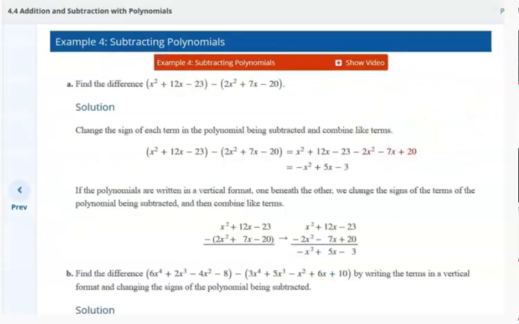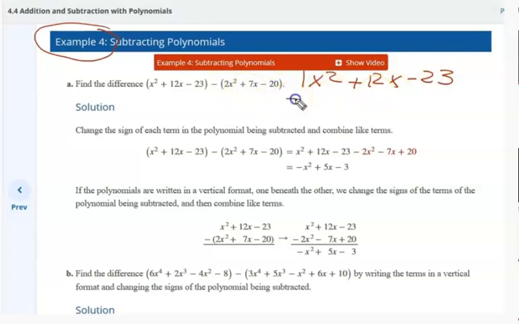For number 4, I'm not going to write it out, but I do want you to include it in your notes. So here's the example. Well, I'll write it out. So x squared, put a 1 in front, plus 12x minus 23. Now I see a negative sign in front, so I'm going to change each of these signs as I write them.